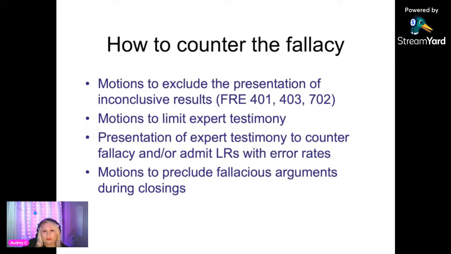But presenting evidence of complete testing is a far cry from inferring guilt from an inconclusive result, and we should still seek to limit the expert's testimony. Often it will be helpful to present our own experts to counter fallacies and admit likelihood ratios with error rates. Finally, we should file motions to preclude fallacious arguments during closings.